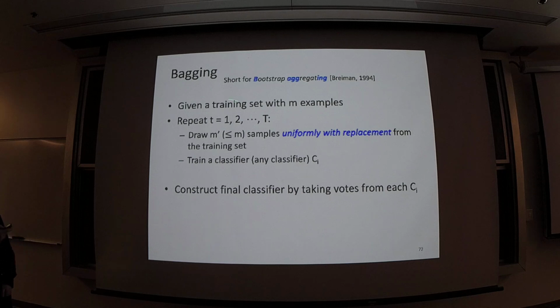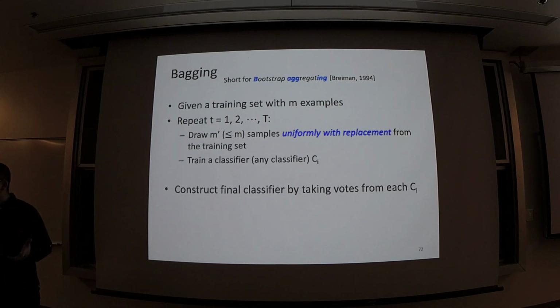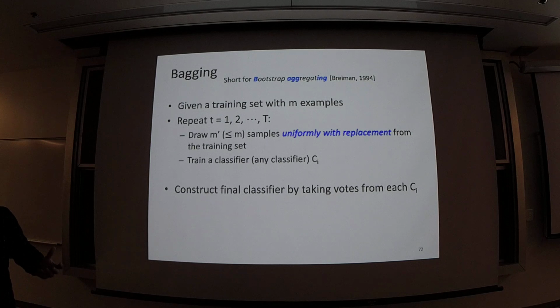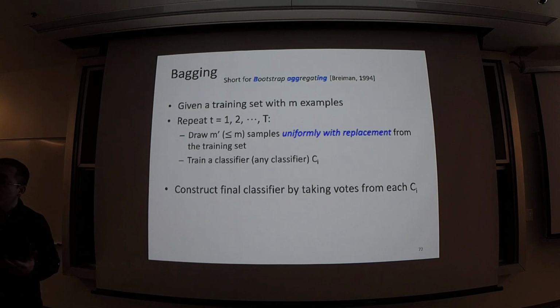After we have collected these T classifiers, we construct the final classifier by taking the votes from each classifier. If you are doing regression, we simply take the average. Someone mentioned that we can also take the median.